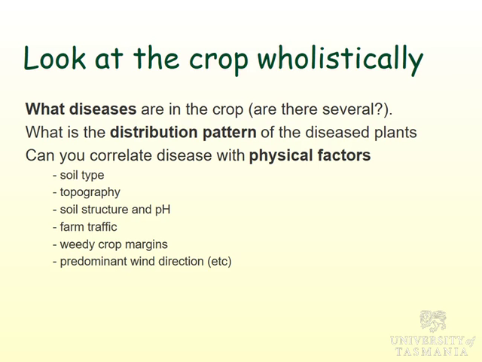Say for instance, here's your field, you've got a predominant wind in that direction, and all your diseased plants show a gradation of high level of disease that decreases as you move in. What is that telling you about where the pathogen's coming from and how it spreads?